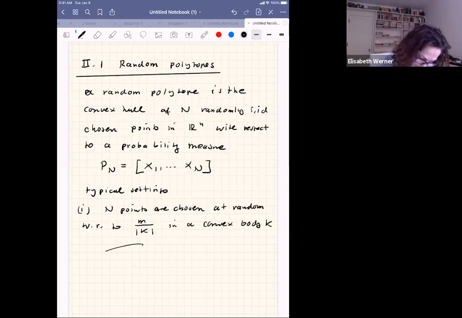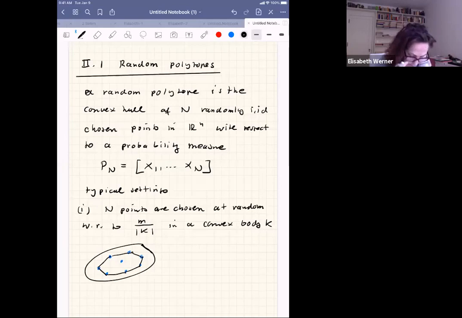So that looks like so. We have our convex body, and we choose points, and we take the convex hull, and then we get a random polytope Pn that sits in K. But that is maybe not the best thing to do, because we notice that not all points chosen become vertices of the polytope.